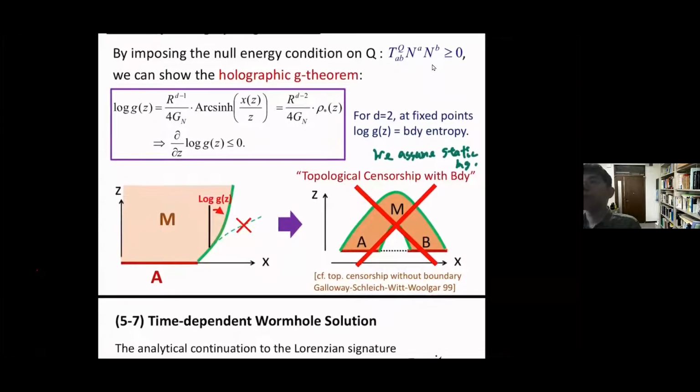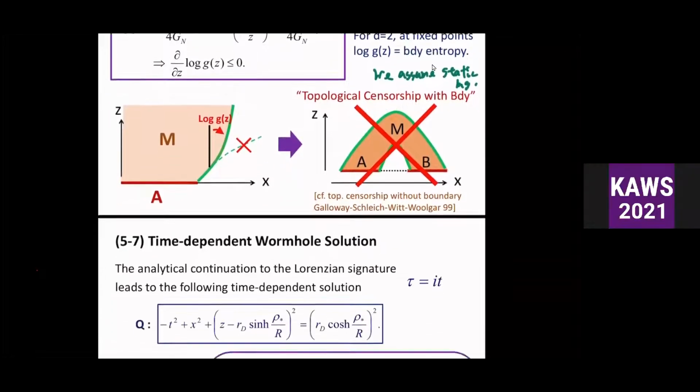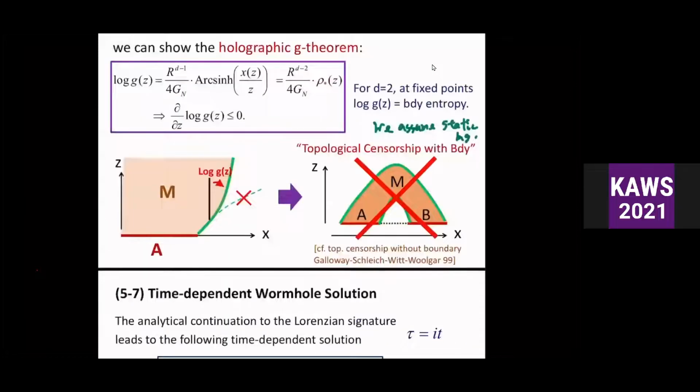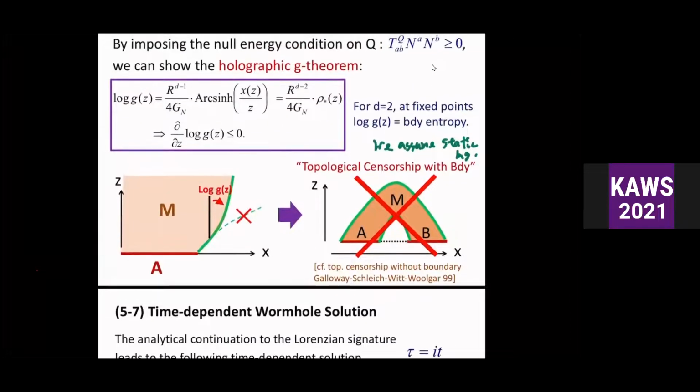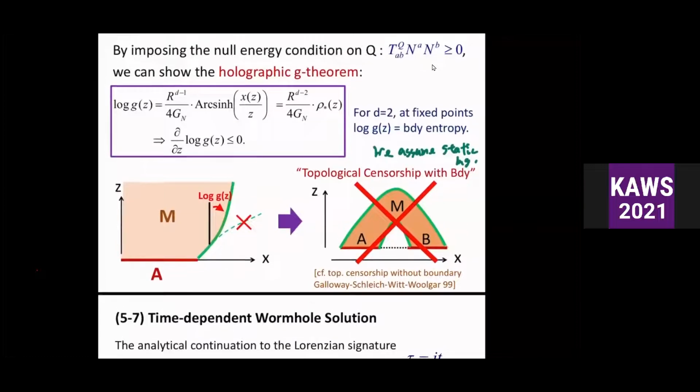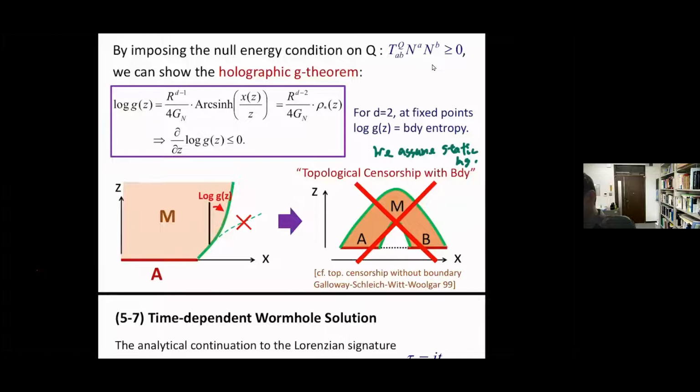Tadashi? Yes. So at the quantum level, should we expect to use the quantum null energy condition or the averaged null energy condition? At the quantum level, if the null energy condition is correct, then I think we can also derive this kind of result.